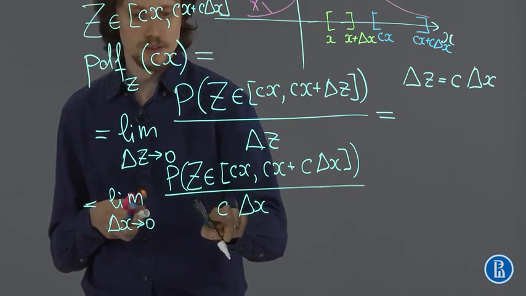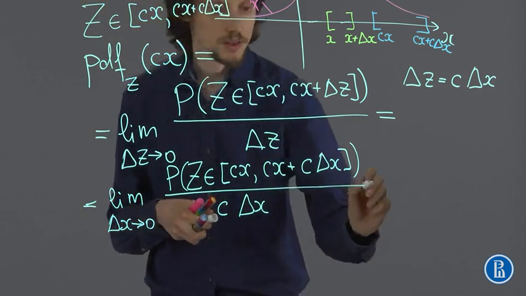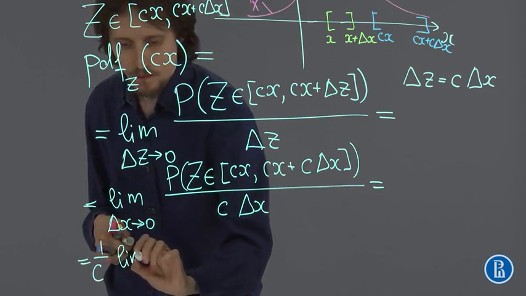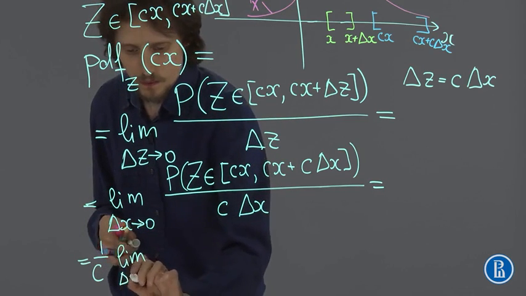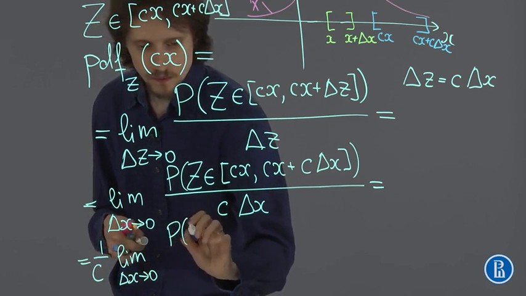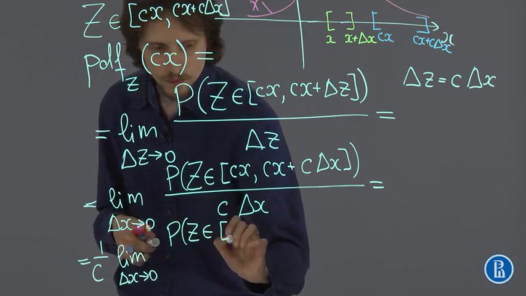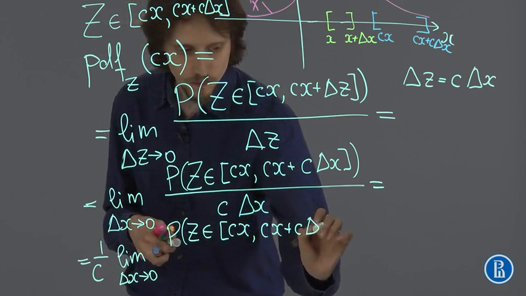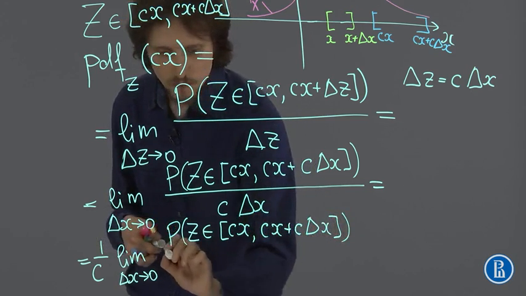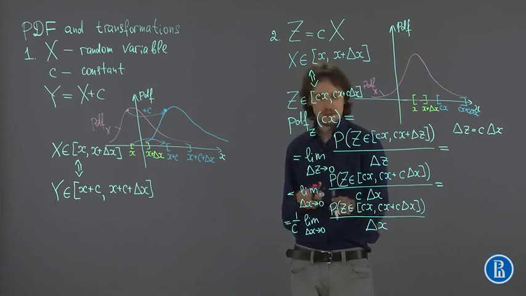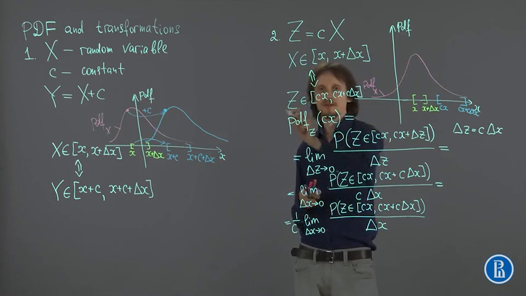Now we can move this c out of the limit sign. We see here that the probability of this event and this event is the same.